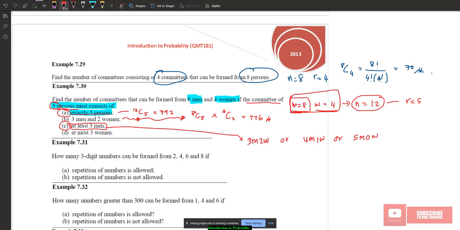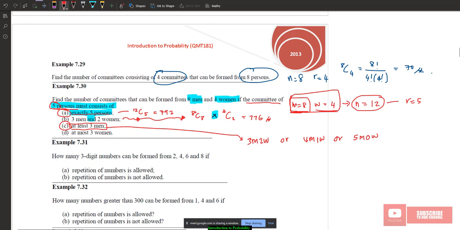So the total of this should be 5, this also 5. So in mathematics, when we have an AND statement, it means multiply. When we have an OR statement, it means plus.